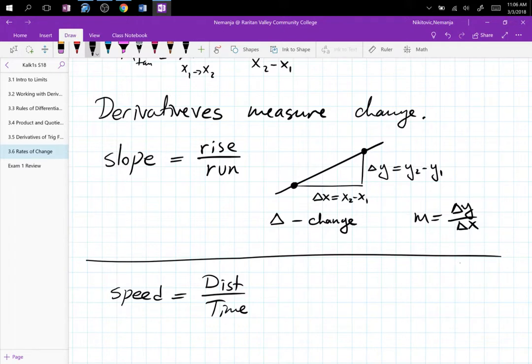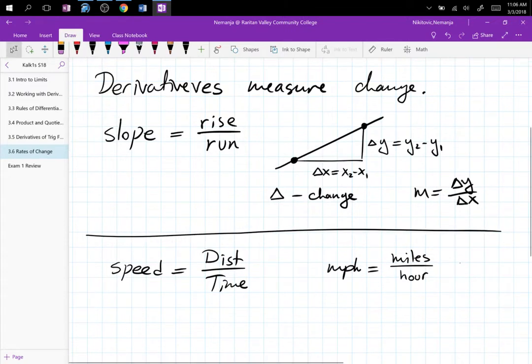That should be clear because miles per hour, which is the unit for speed, is equal to the distance in miles divided by the time of the trip in hours, so miles per hour. And you can see that miles divided by hour, that is the rate.